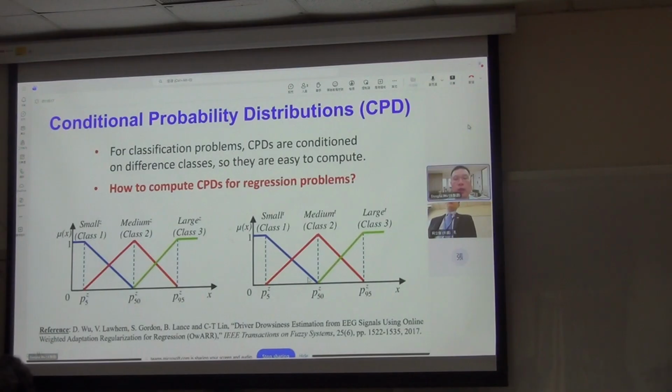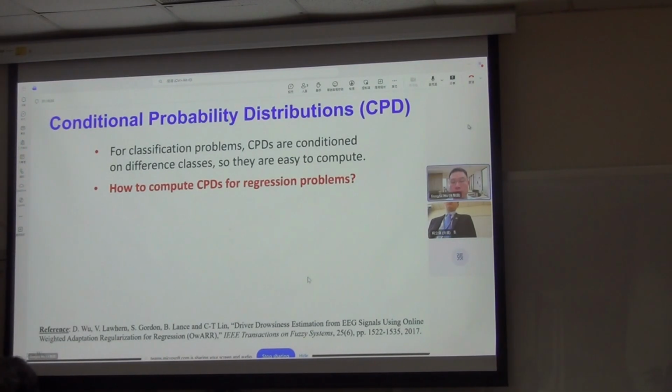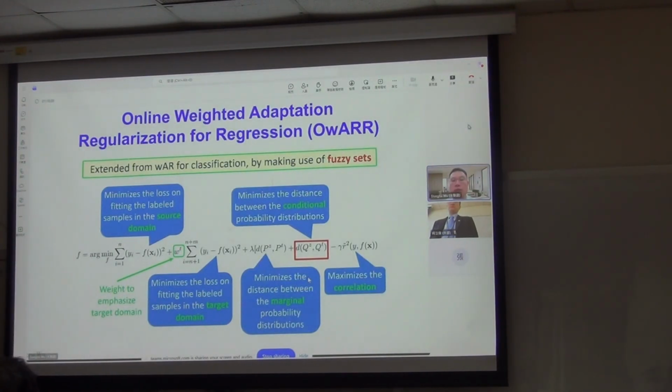In this way, we can reduce the conditional probability distribution distance between the different subjects. So this is the general idea. It is very easy to implement. After we compute the conditional probability distributions, we can substitute this value into the previous optimization problem, and this problem has a closed form solution.